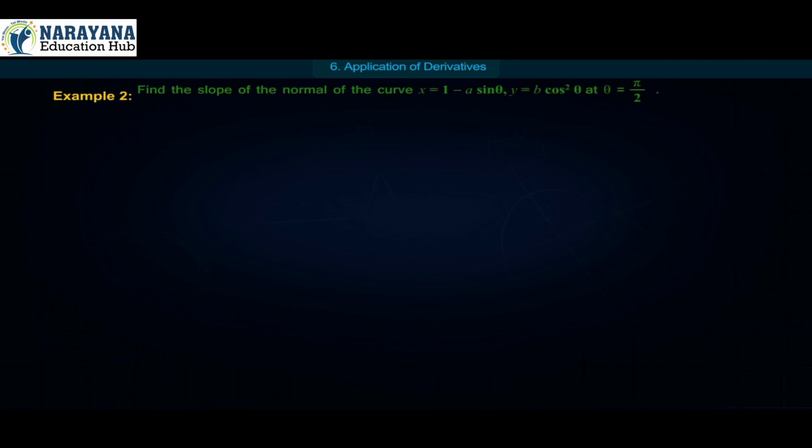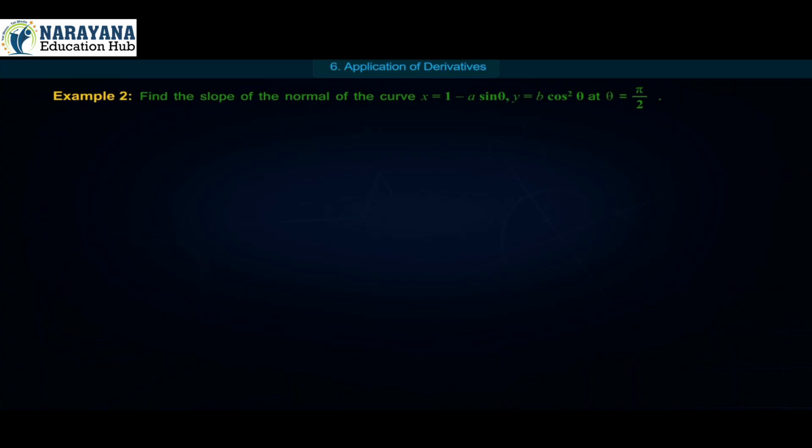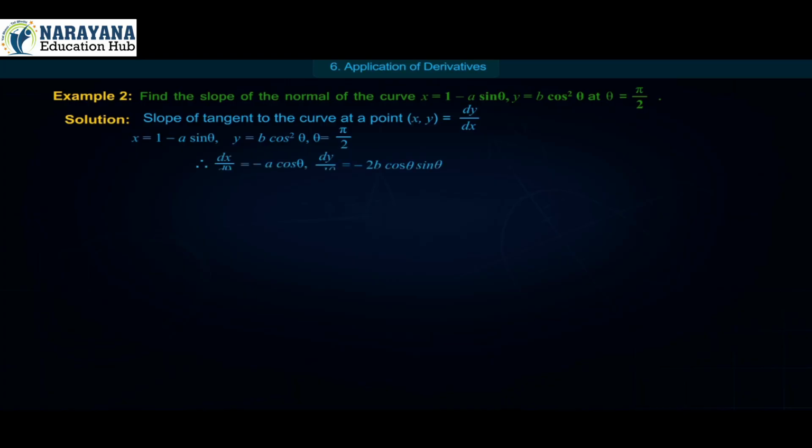Example 2. Find the slope of the normal of the curve x is equal to 1 minus a sin theta, y is equal to b cos square theta at theta is equal to pi by 2. Solution. Slope of tangent to the curve at a point x, y is equal to dy by dx. x is equal to 1 minus a sin theta, y is equal to b cos square theta. Theta is equal to pi by 2.